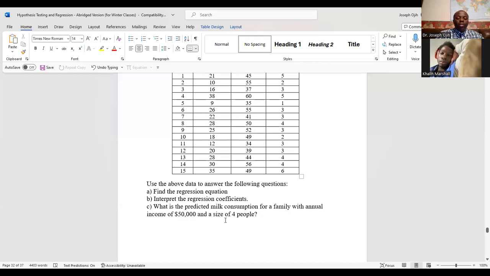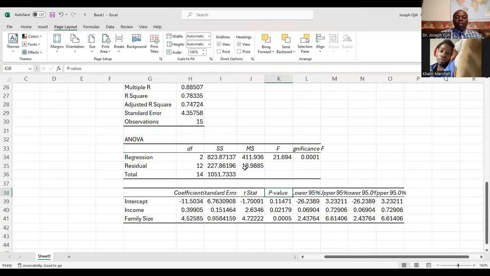Now, with what we have, we can get our regression coefficients. We're not doing ANOVA, so we don't need this. You do ANOVA if you are doing hypothesis testing for the regression, but we're not doing it today. We're just going to answer the questions given.